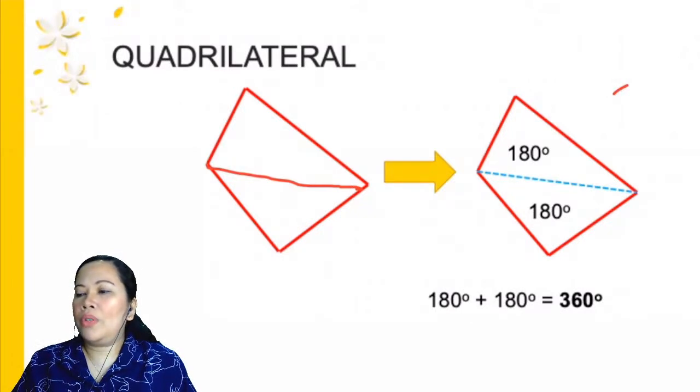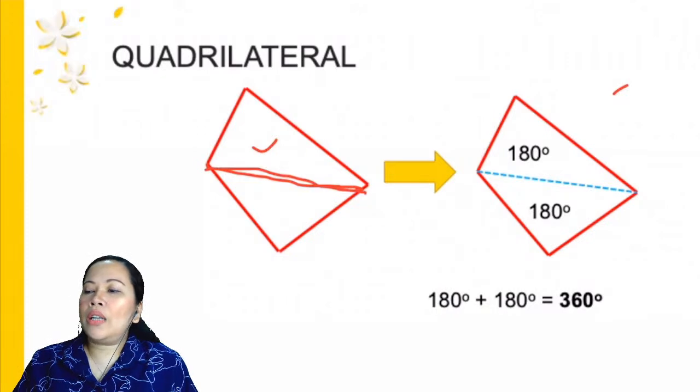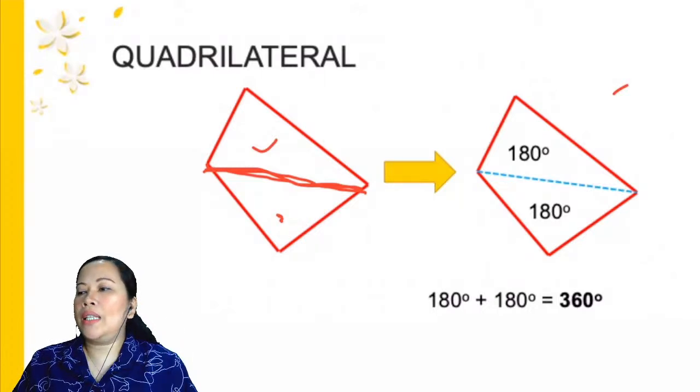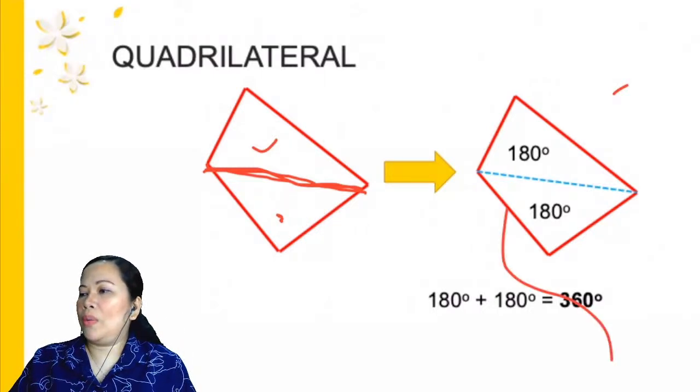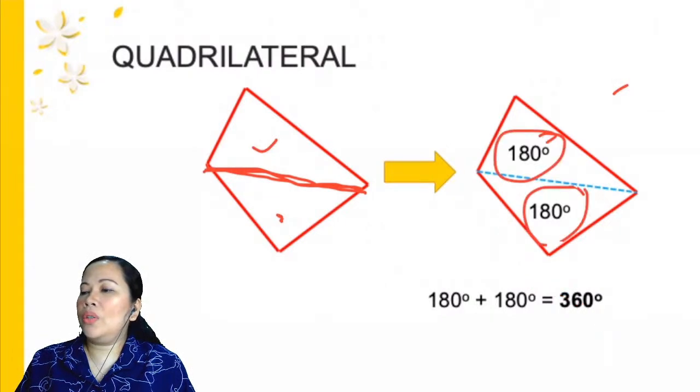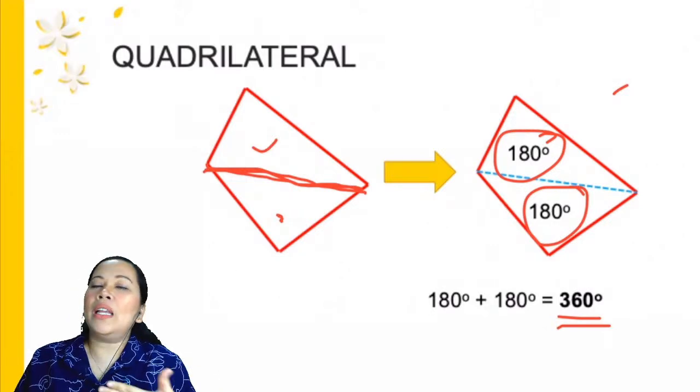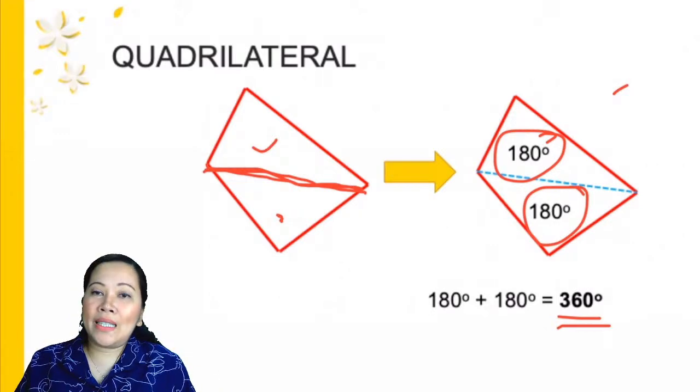Okay, so if you have a quadrilateral, if I draw a diagonal, I'll form two triangles. And it has been established that triangles always have 180. So that means 180, 180. So the sum of all the angles in a quadrilateral is 360.